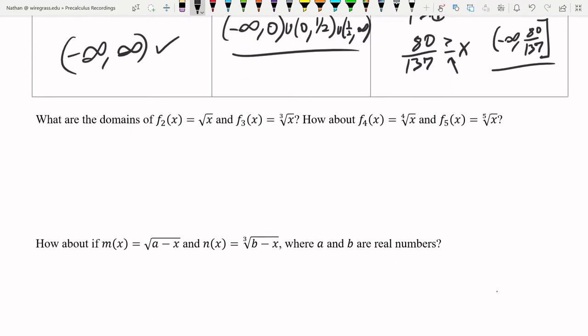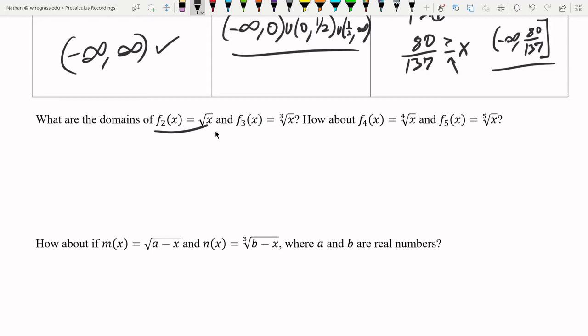Now, division by 0 should be somewhat easier to find because it's really only one number. But the square root has a range of numbers that must be excluded. So I want to look at this a little bit more. If you're asking what's the domain of this function here, well, this is a square root, and we cannot have a negative number underneath there because we're going to have a complex number as a result.